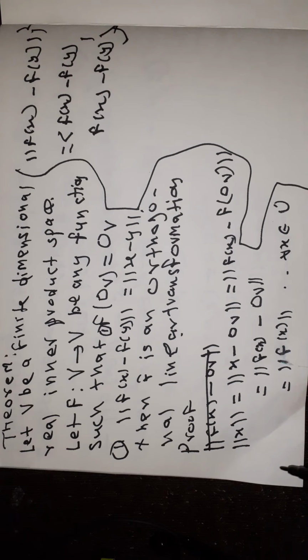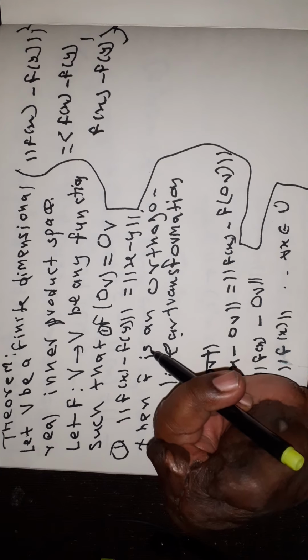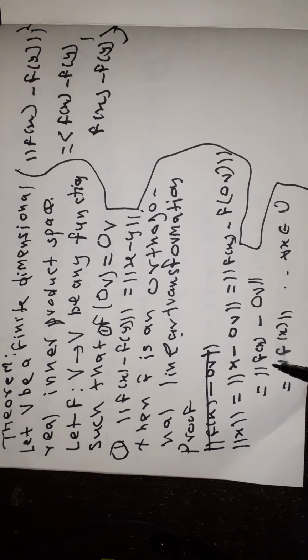Now see here, for all x belonging to V, norm of x is equal to norm of x minus 0 element of V. But here, according to the second condition, norm of f(x) minus f(y) is equal to norm of x minus y.